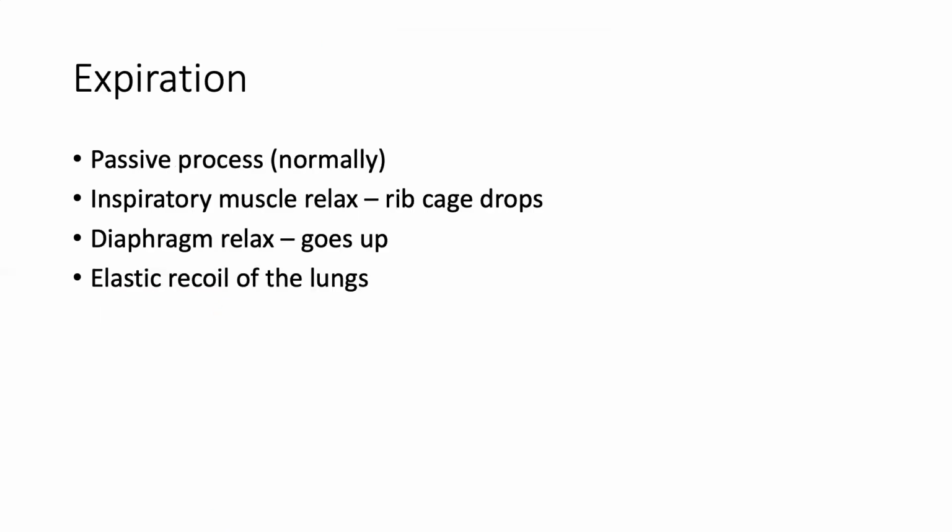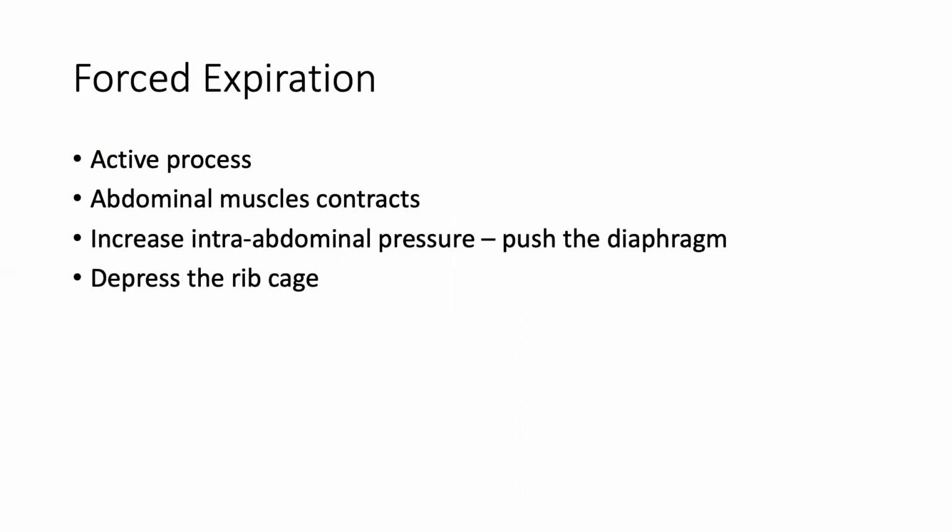Expiration is a passive process. You know that. You just relax the muscles and there will be elastic recoil of the lungs. Forceful expiration, now you are squeezing out because of blockage of the airway, for example, bronchitis or asthma. The airways are narrow, and the alveoli need to squeeze the air out across the narrow airway.